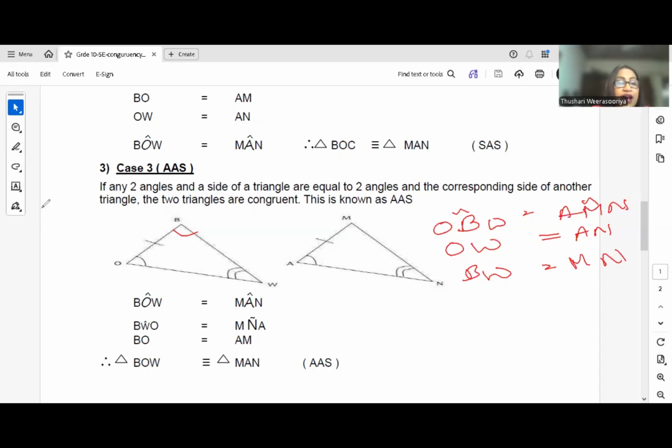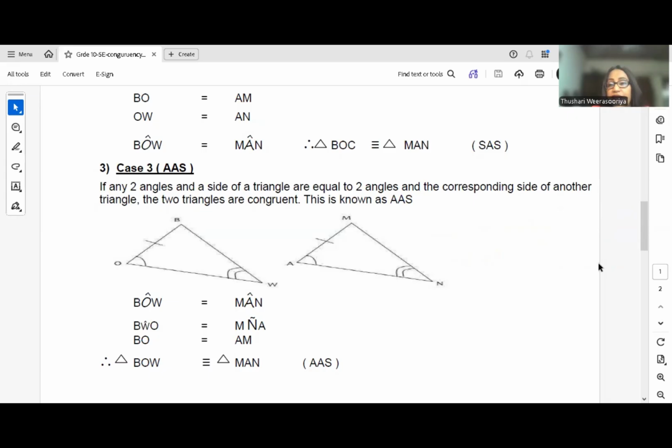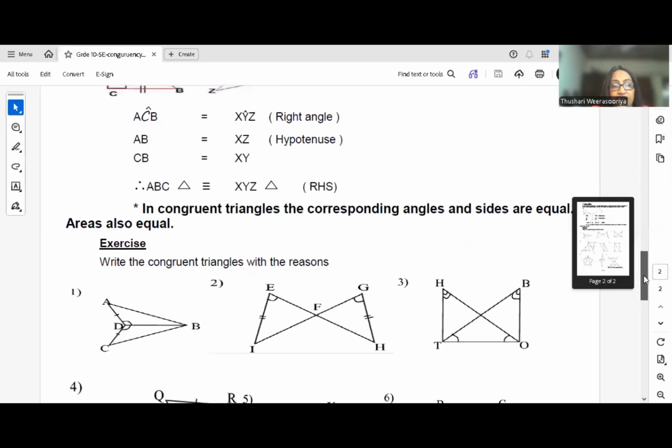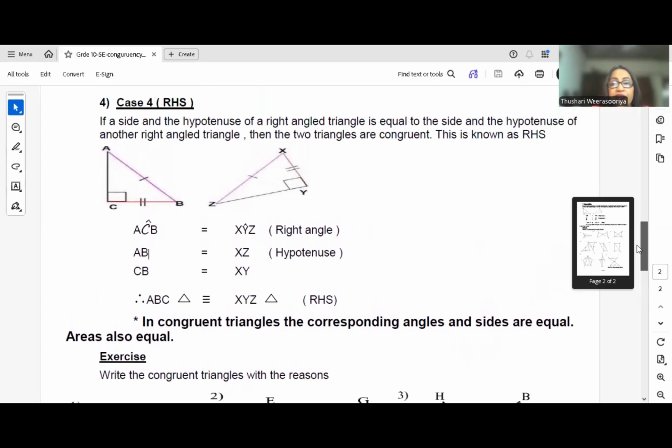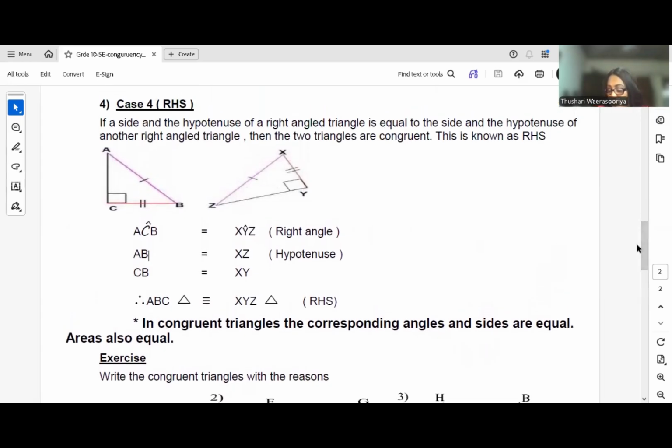We'll go to the last case. That is RHS. This case is applied only for right angle triangles. In a right angle triangle, there is a special side.